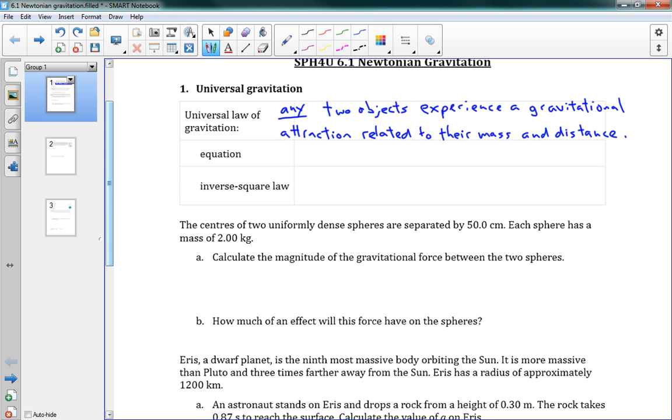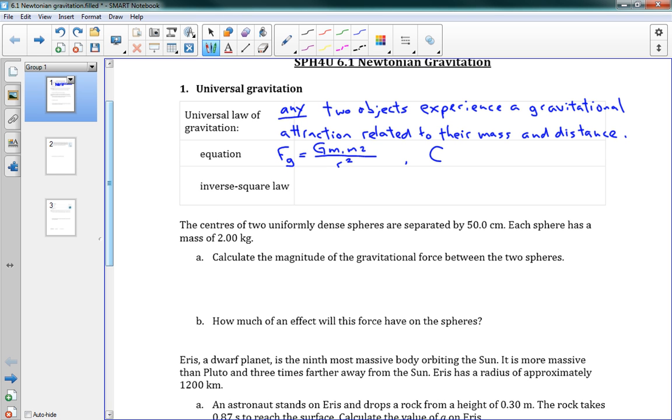And we have an equation for that. Our equation is Fg equals big G m1 m2 over r squared. Okay, this is the force due to gravity. It's just like what you saw with mg, the little g before, but now we have something a bit more general.